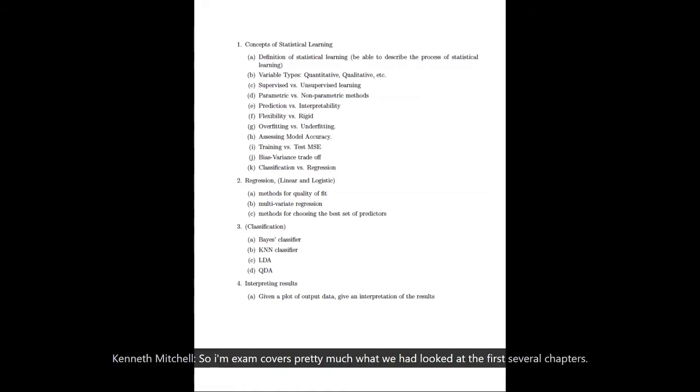So the exam covers pretty much what we had looked at, the first several chapters. The last thing we will be looking at, of course, is the methods for choosing the best set of predictors, and best subset, forward, reverse methods of doing predictors.